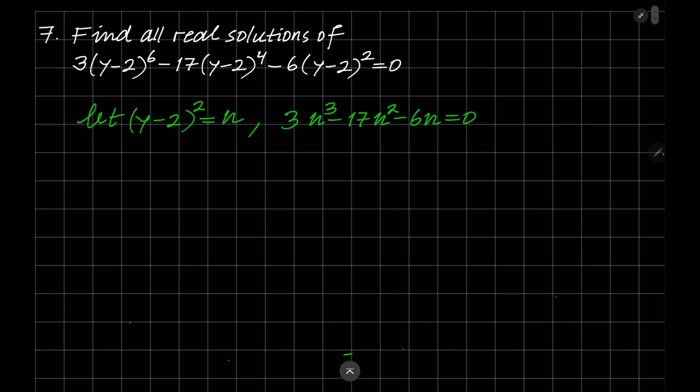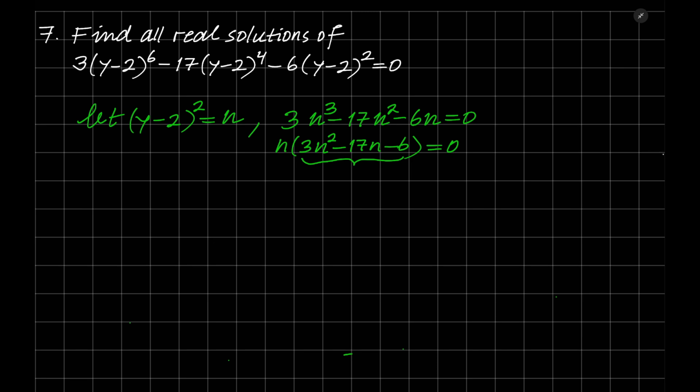We can factor it by n, and n times 3n squared minus 17n minus 6 equal to 0. As you can see, this is a quadratic equation.